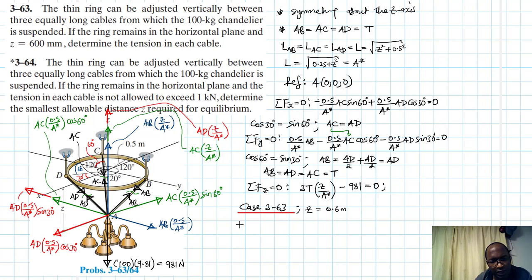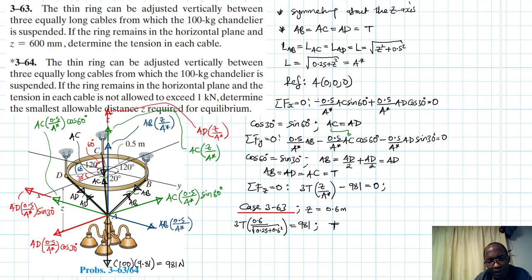If that is the case, then our equation here will become T by 0.6 divided by root of 0.25 plus 0.6 squared, and this is just going to be equal to 981.